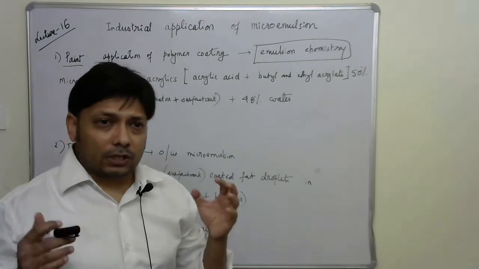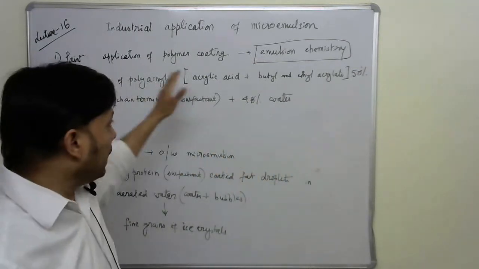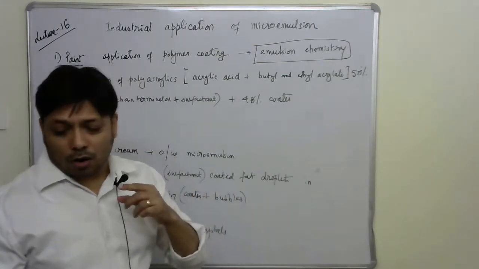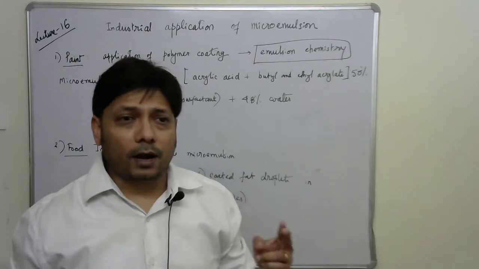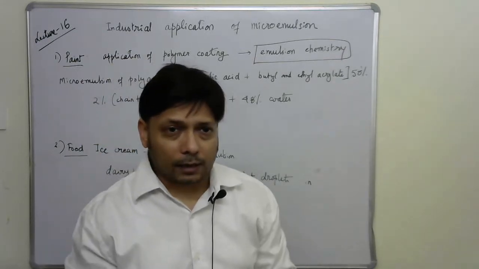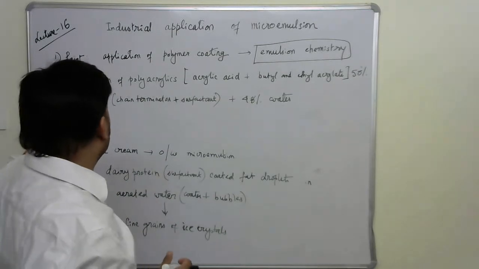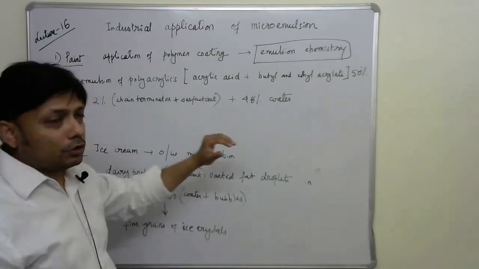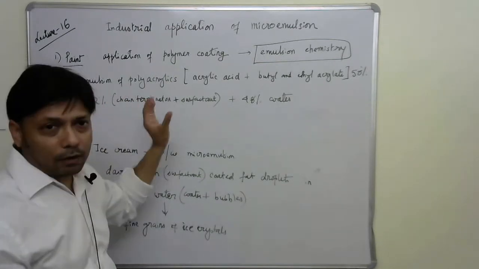So we just can't use the organic solvent to apply the paint because number one, organic solvents are expensive, and number two, think about the fire hazards that come from handling so much organic solvent. So therefore, the answer is emulsion chemistry. So we have to use a microemulsion of polyacrylics.